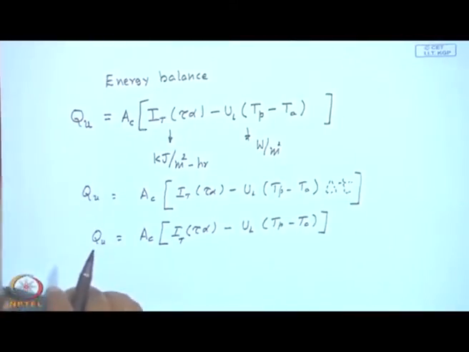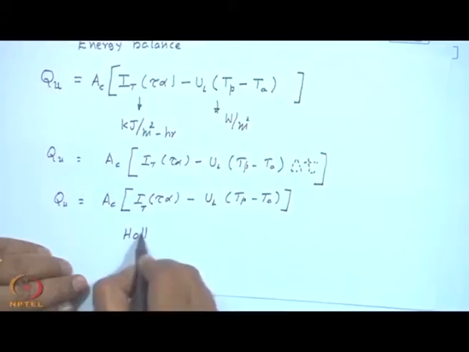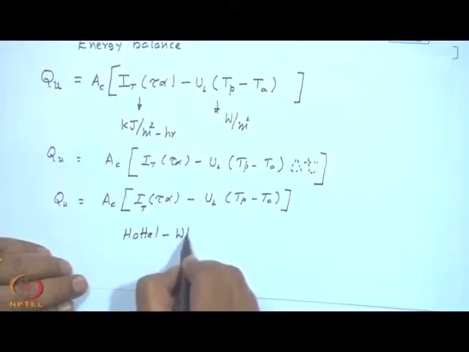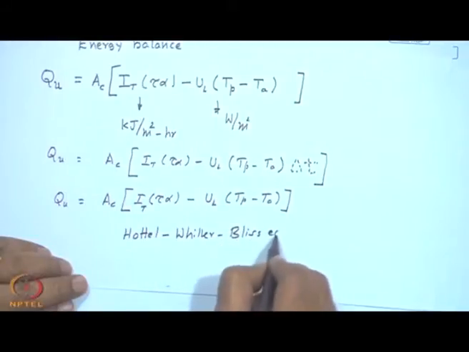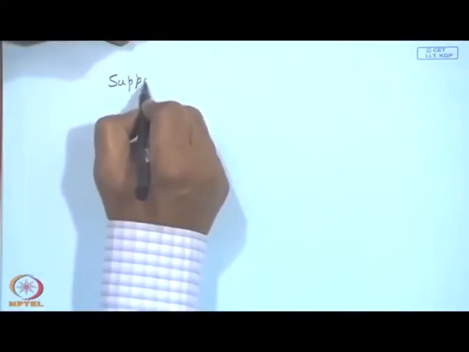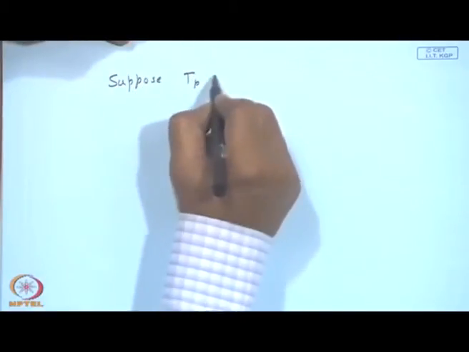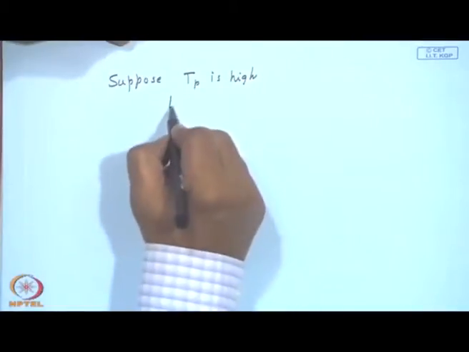So, this is my collector energy balance, more or less proposed long time back by Hottel, Whillier and Bliss, the Hottel-Whillier-Bliss equation. Now, there is a problem with this equation. Suppose T p is high, so losses are high.